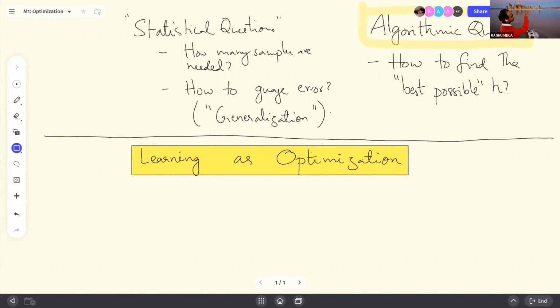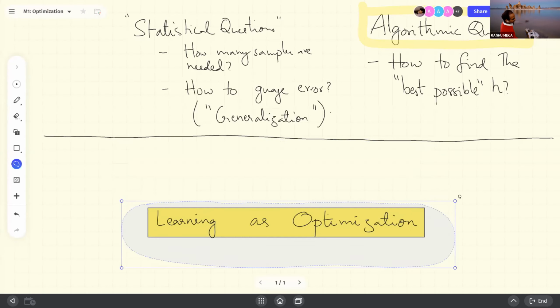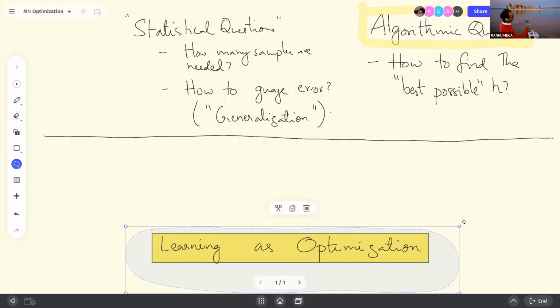The statistical questions are very well understood for the most part, but many times the algorithmic questions end up being just not possible to solve. They will be NP hard or things like that, in which case you really need to find other ways. And we'll address some of them later on in the course. So let me just put that as a remark.